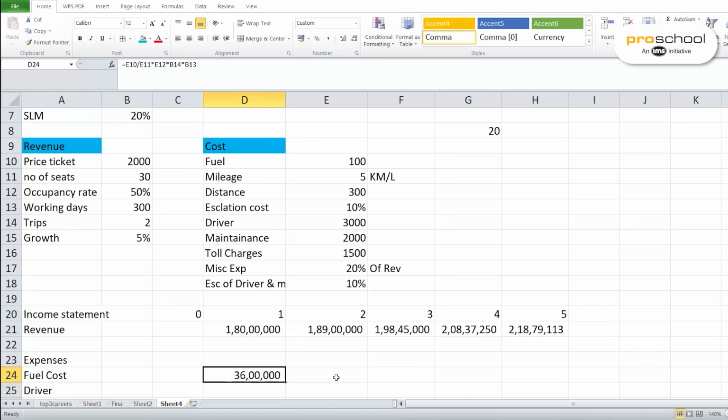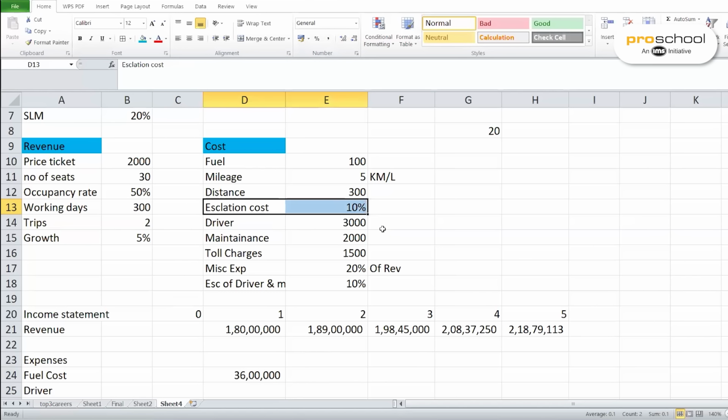Right. Now, you can ask me why I have not frozen this, because fuel cost will be same, mileage will be same, distance will be same. But see the fine line over here. The fuel cost is not same. It is increasing year after year by 10%. So instead of freezing it, what I have done is that I have not frozen it.